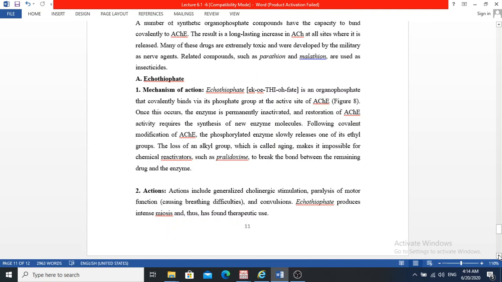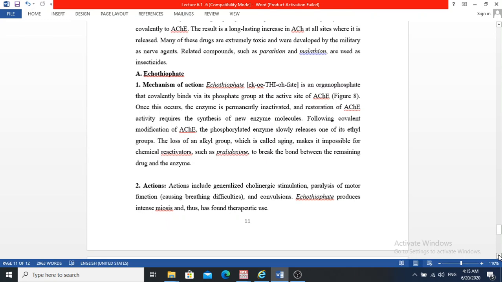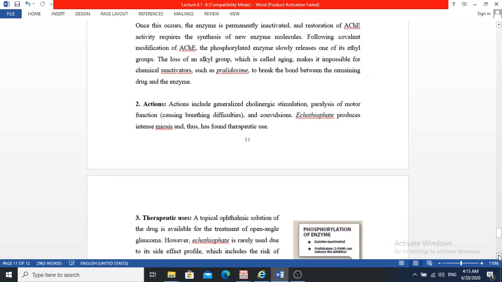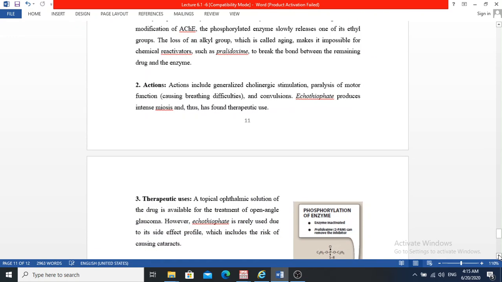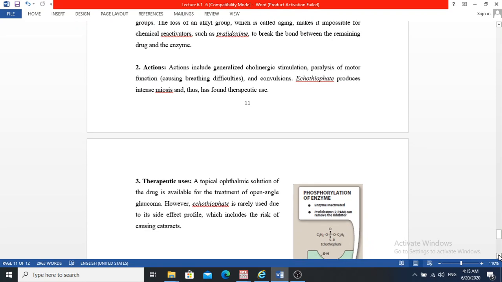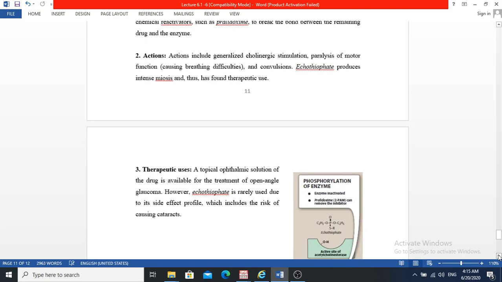The action is generalized cholinergic stimulation, paralysis of motor function, and convulsions, causing all acetylcholine effects in the body.